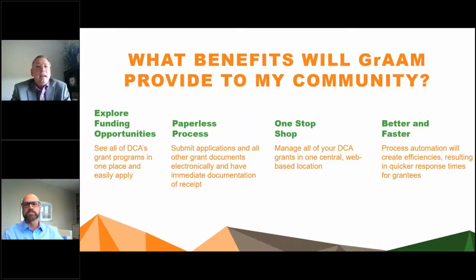We touched on it on the last slide, but grantees will be able to submit applications and other documents within the system. And let's give a little example here. Say you have a request for reimbursement that's coming to DCA. You will simply need to upload the proper documentation, complete the necessary drawdown forms, electronically sign the request, and transmit it.